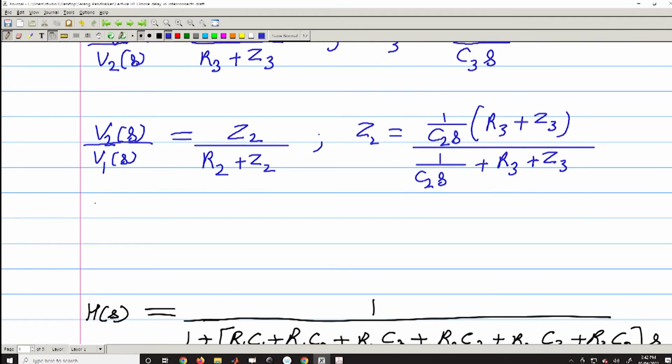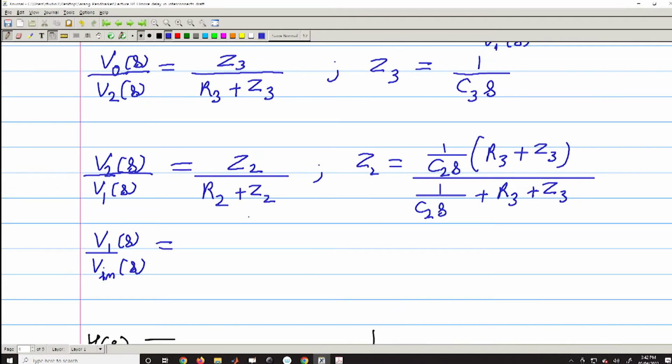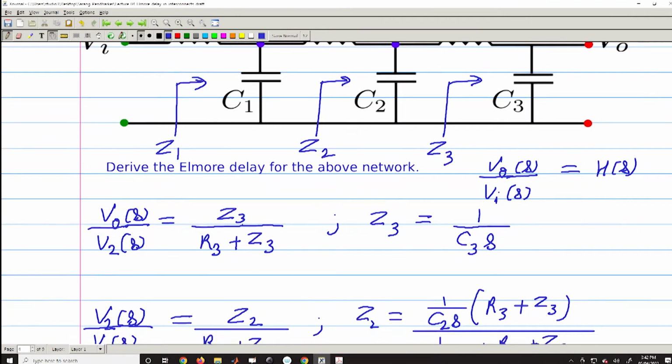Similarly, your V1 of S would be related to Vin of S as per the relation here. So, now Zin is the impedance seen here.